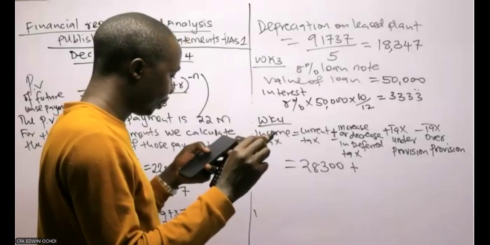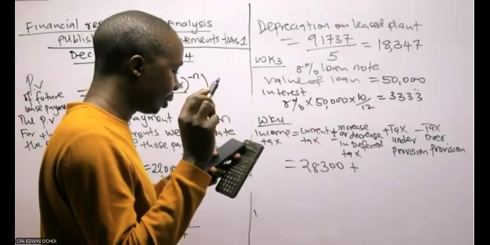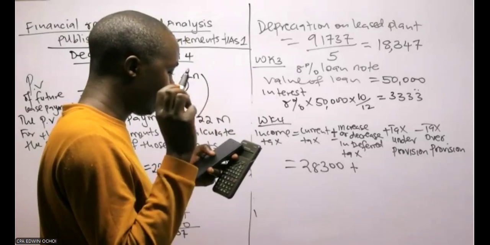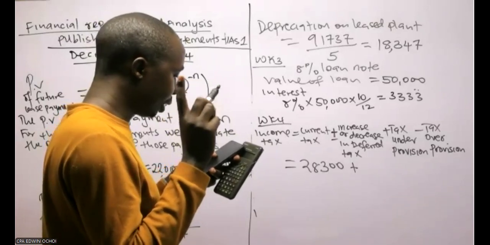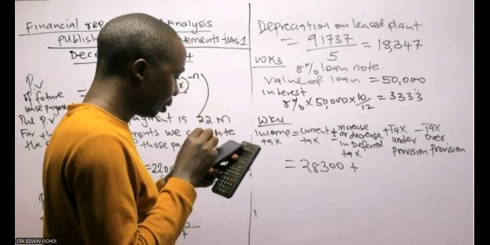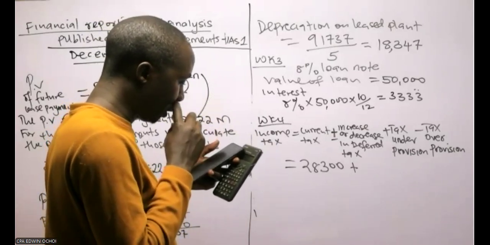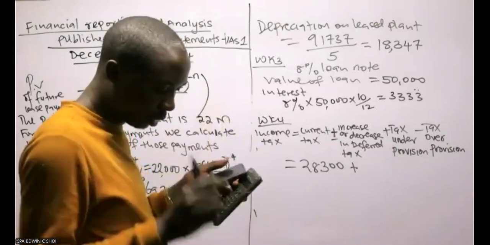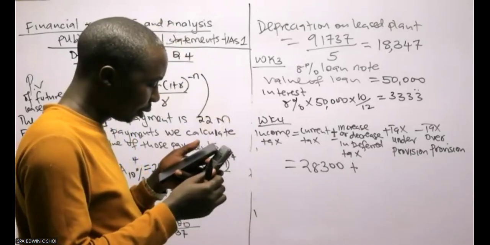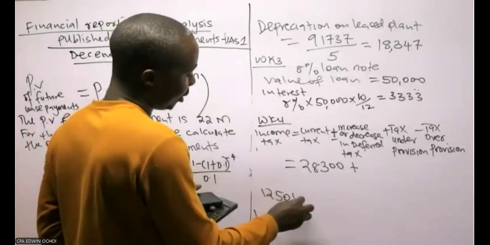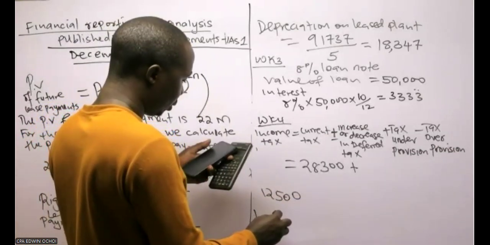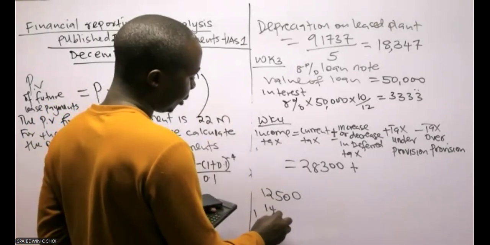So from where? If you check your trial balance, you have a deferred tax. It must be there. Deferred tax from the trial balance is 12,500. Then it has increased to 14,100.